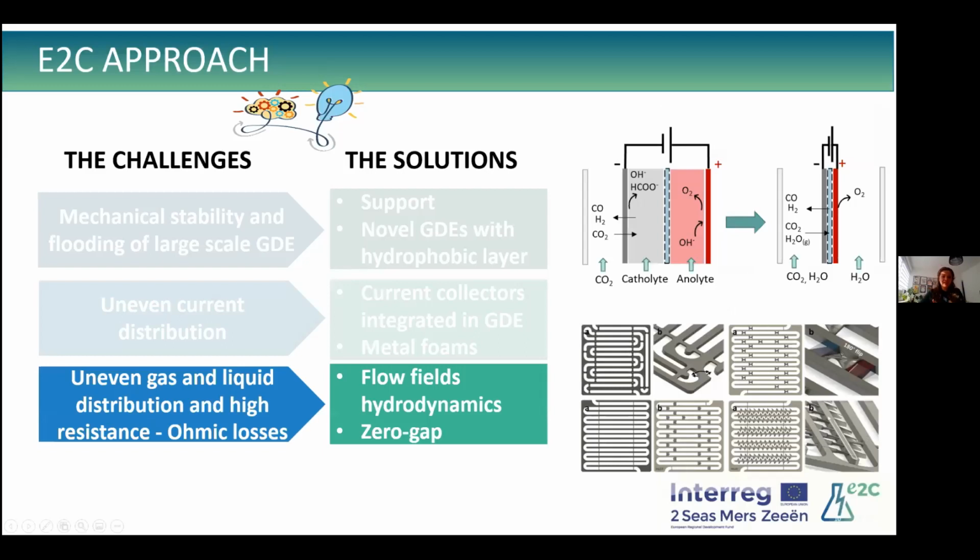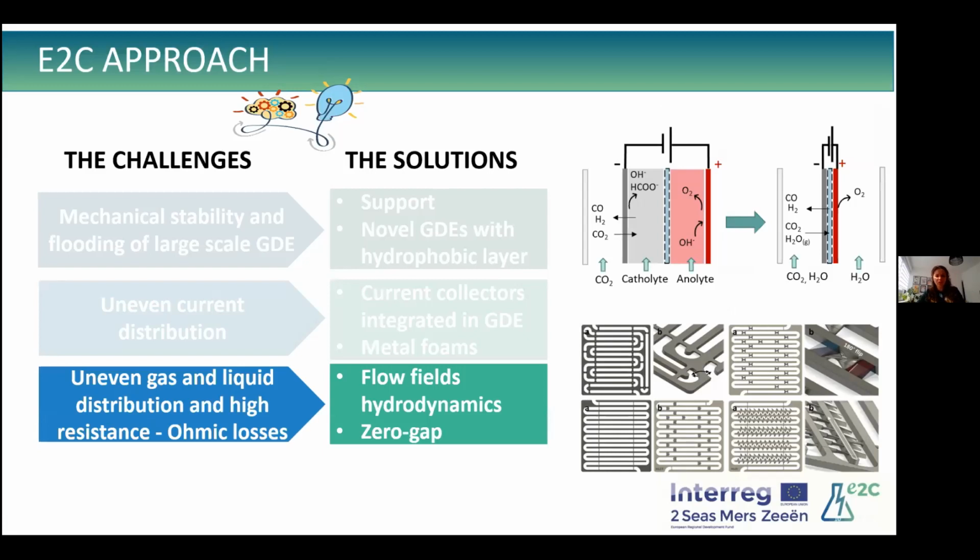And also the gas and the liquid flows can have an even distribution. For instance, the gas bubbles that are formed on the electrode from side products like hydrogen or CO create an insulating layer, which creates a lot of resistance. So there are different strategies to overcome this challenge.